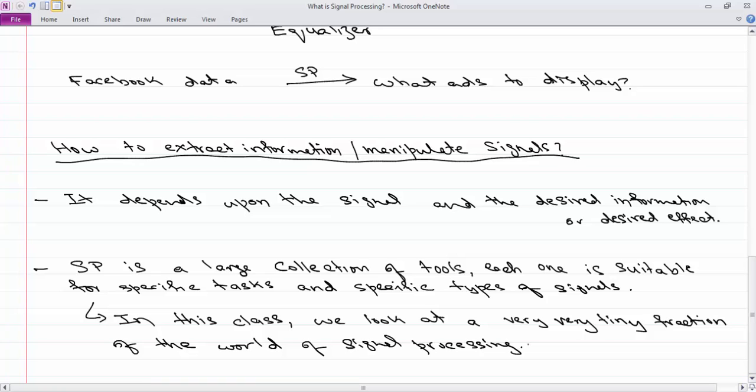The idea is to introduce you to the basic concepts, give you certain tools that can get you started, and then if you feel interested, you have to take many other courses to really become an expert in signal processing. Okay.